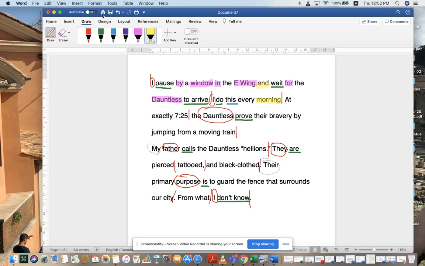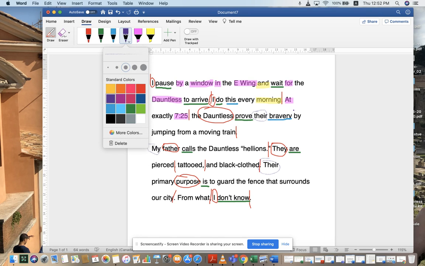Next, at exactly, at, here's a preposition. And we have 7:25 as our object of preposition, and exactly is the adjective dealing with this. The dauntless prove, what do they prove? They prove bravery. Whose bravery? Their bravery, which is a possessive. And then we have this gerund, and we've met gerunds before.